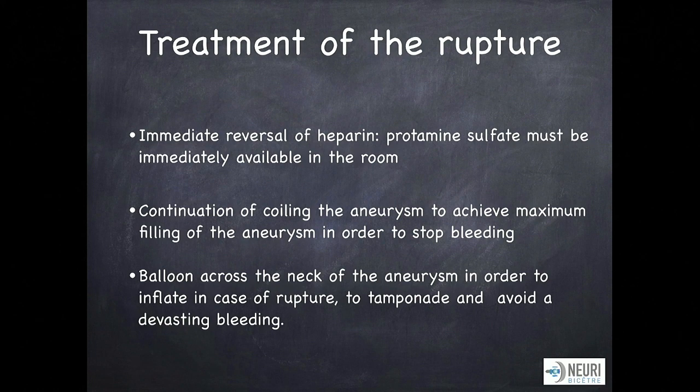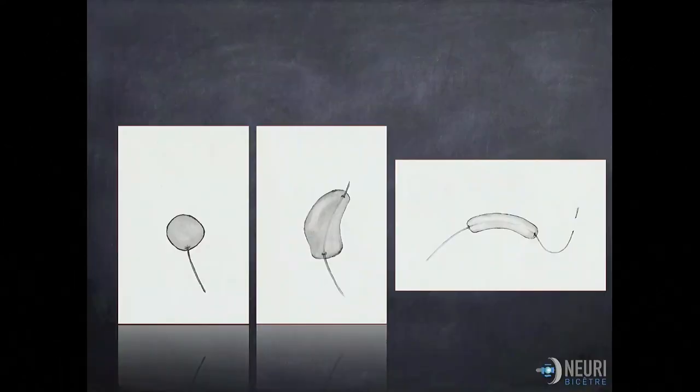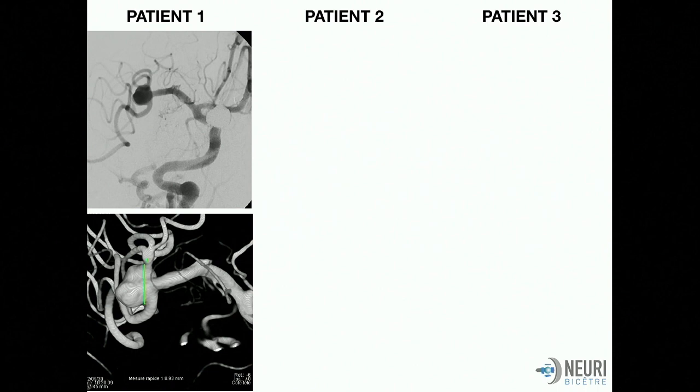So you can differentiate depending on the location. For instance, the MCA, as it was said by Francis Turjman, you can use different kinds of balloons, sausage, compliant, or round balloon, depending on the anatomy. For MCA, you have different kinds of aneurysm, bifurcation, at a side branch or side wall.